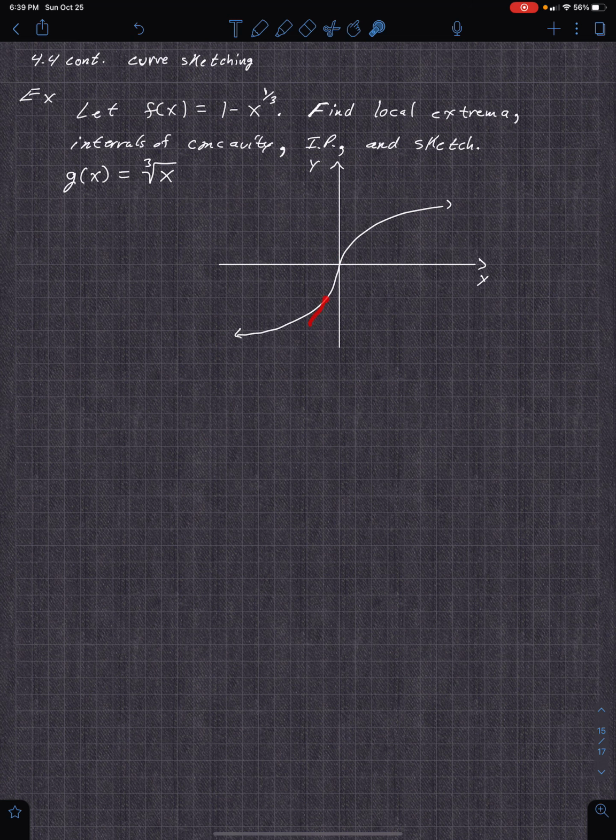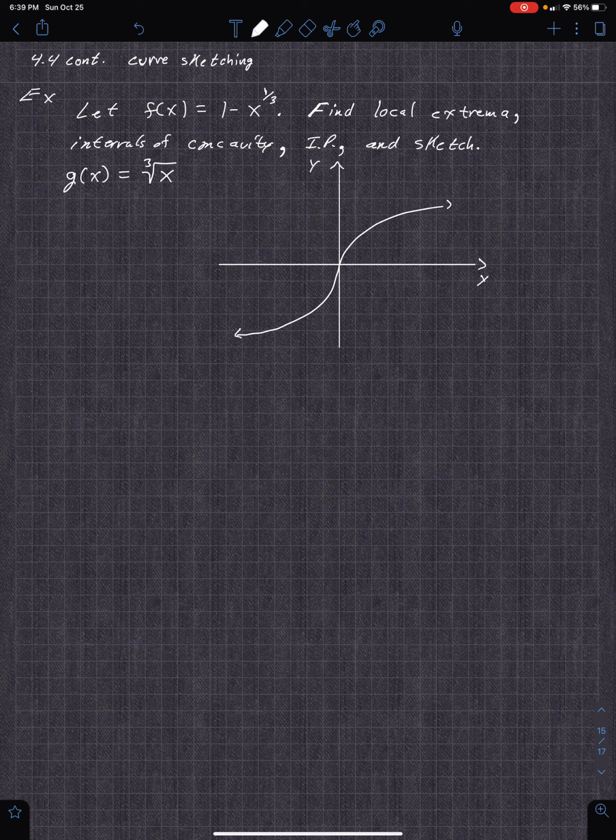If you looked at tangent lines, they continually increase, and then right at 0 you'd be infinite, and then they go real steep, and then they start to decrease like that. So we know that's basically what it looks like, and then this thing is shifted.